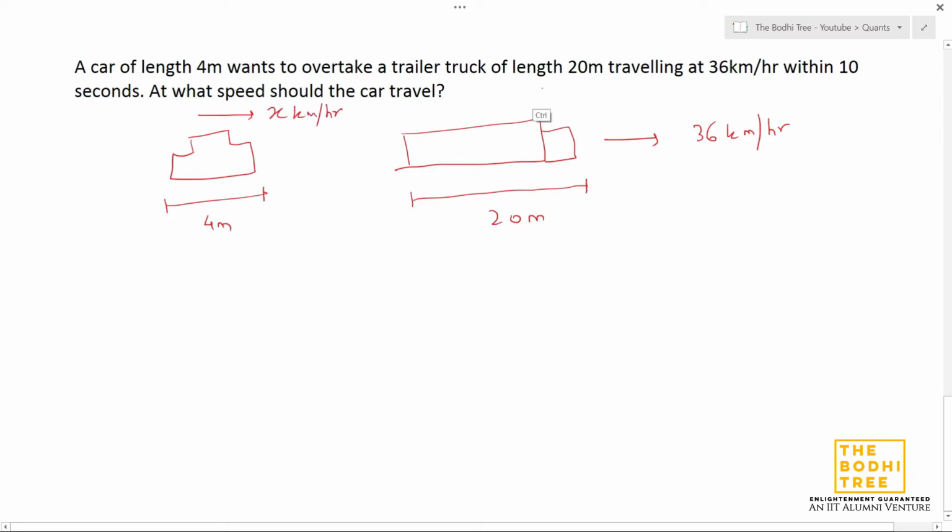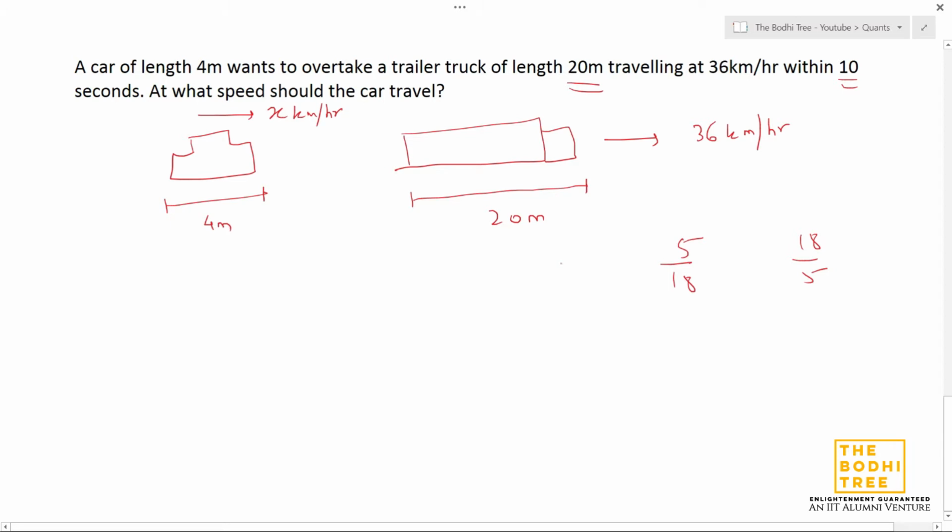Because everything else is in meters and seconds, we'll also convert the speed into meters per second. I hope you are familiar with the conversion. The conversion factor is 5 by 18 or 18 by 5, depending on what we are doing.